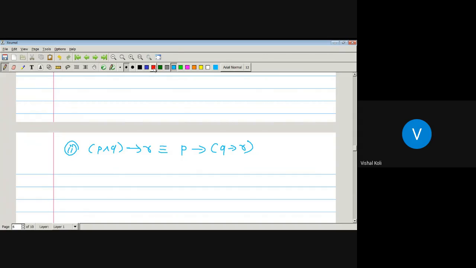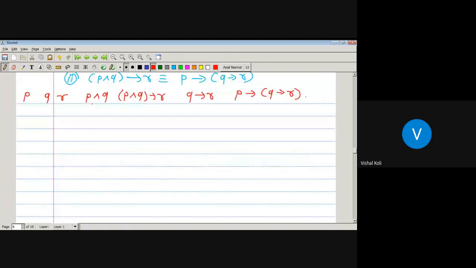Here we first take P, Q, R, then P and Q, then (P and Q) conditional R, then Q conditional R, and finally P conditional (Q conditional R).